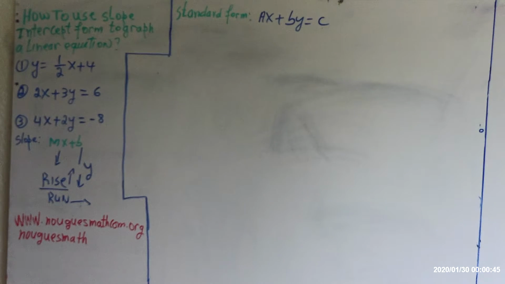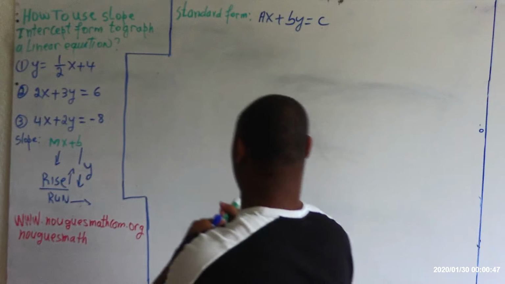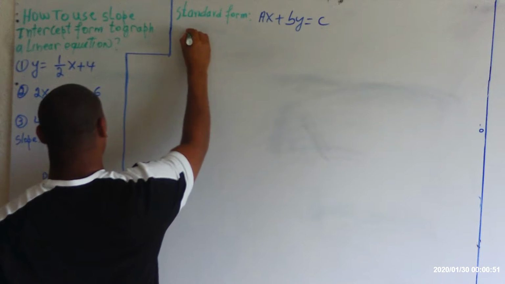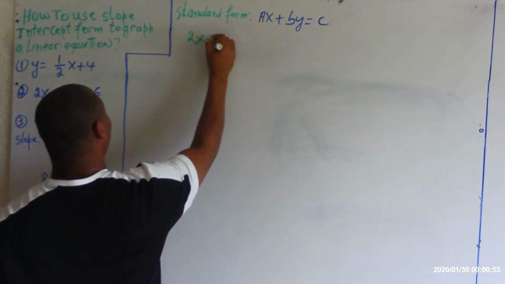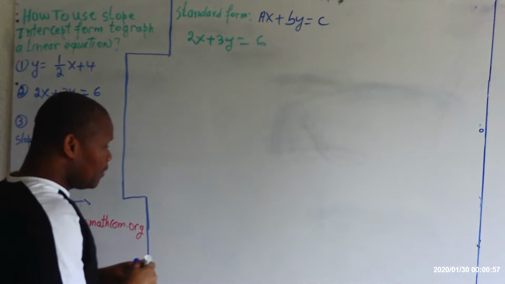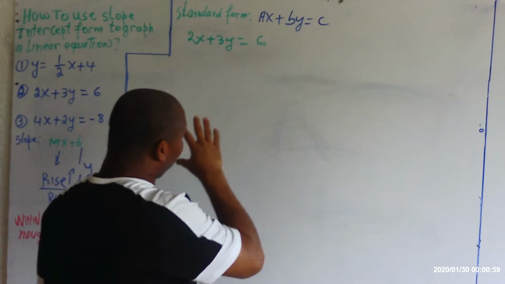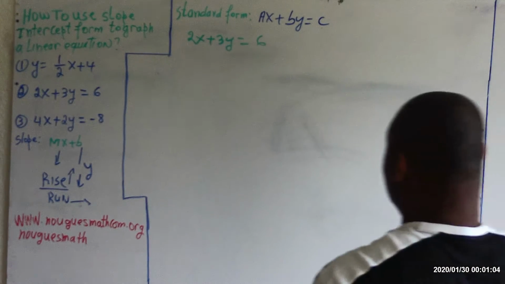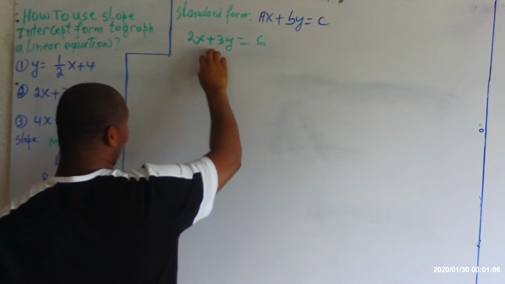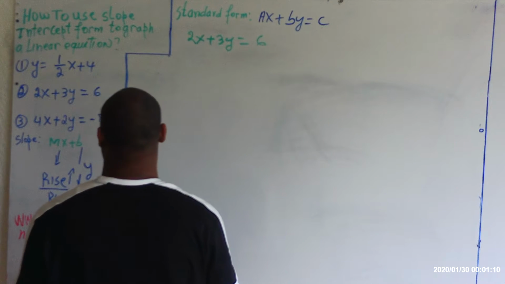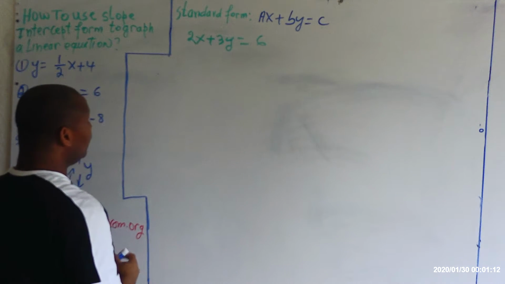Okay, so let's do the second one. The second exercise is 2x plus 3y equals 6. I will need to transform this standard form of linear equation into slope form, okay?